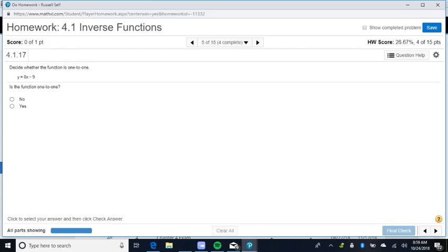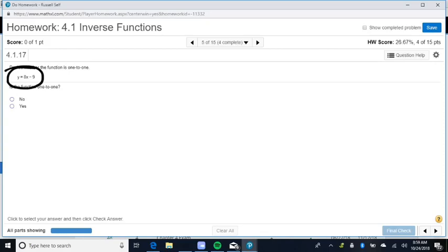Okay, now what we want is to determine if this function is one-to-one. So many times, if you remember those parent graphs, then you'll know if a function is going to be one-to-one just from knowing what the graph is going to look like. Okay? So for example, if you look at this particular graph, you don't see any exponents, do you? It's y equals x minus 9.